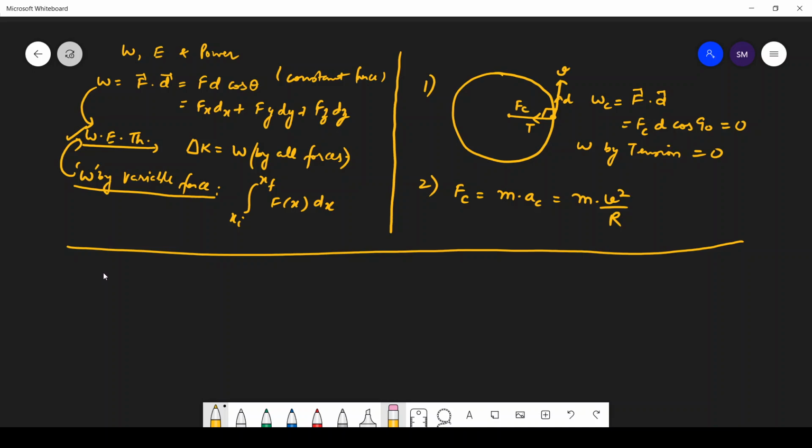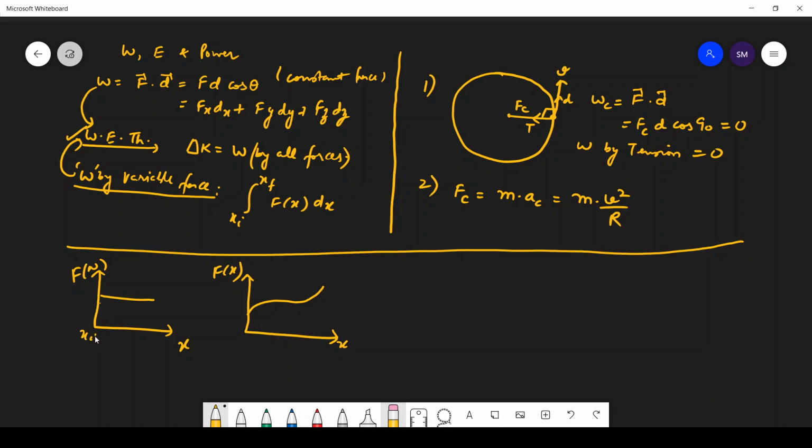And we studied that, students, graphs are very important, and see what is there on the x-axis and y-axis, that is again very important. So if this is the graph between force and displacement, this is the position, and this force can be a constant force, this force can be variable also.